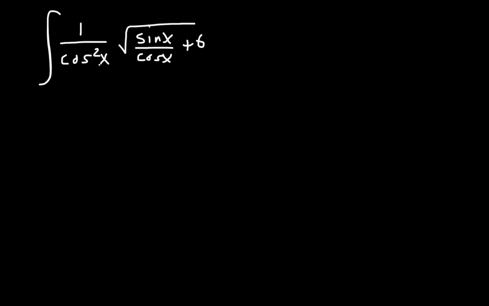So find the indefinite integral of 1 over cosine squared x times the square root of sine x over cosine x plus 6, plus x. Before we do anything, let's just clean this up.